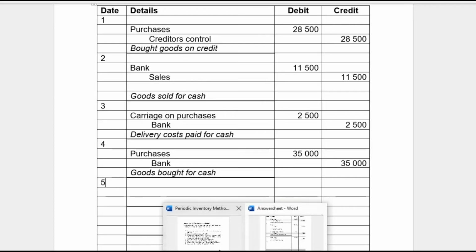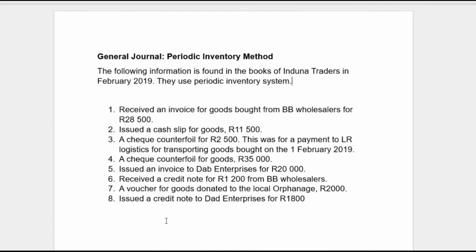Then let's see what it says. It says you have issued an invoice to Deb Enterprises for 20,000.